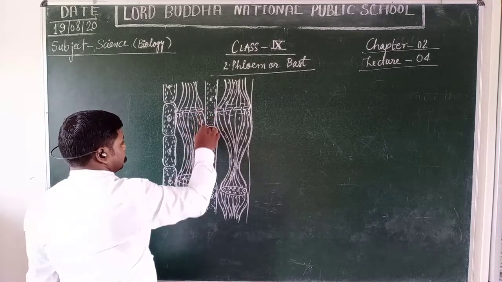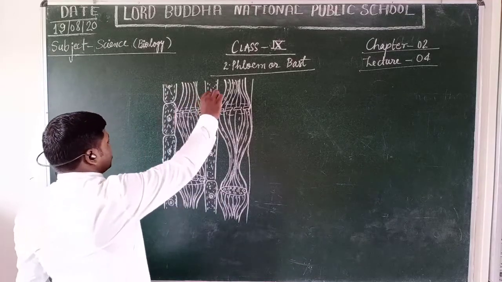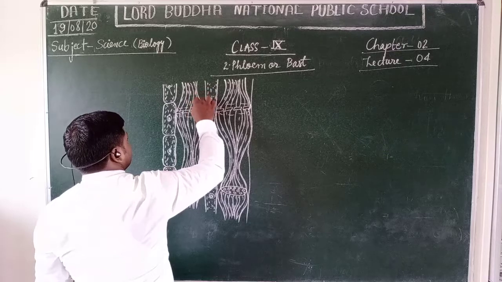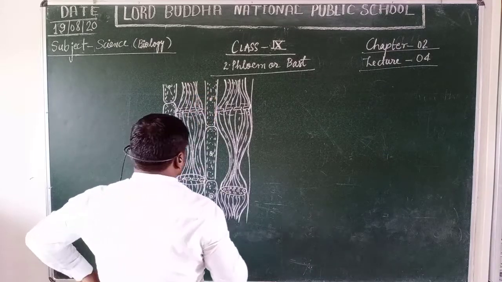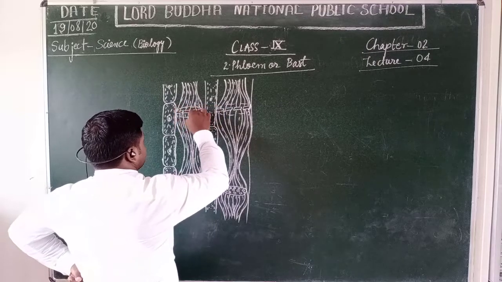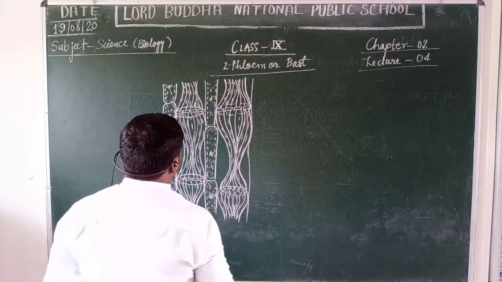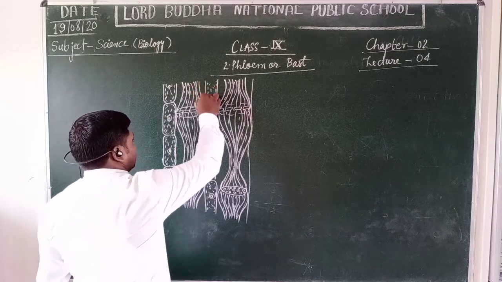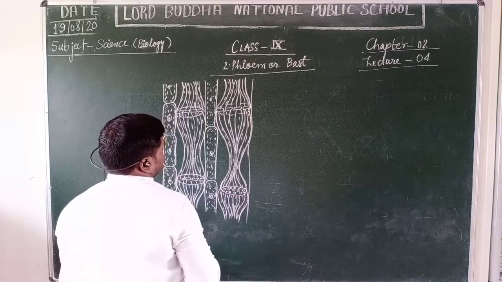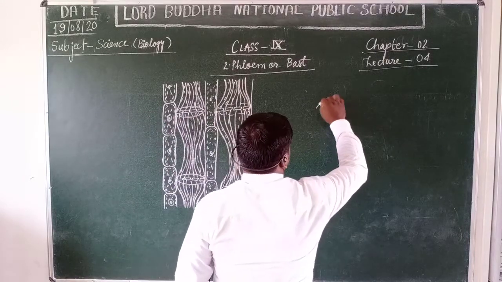During the winter season, the sieve plates become mucilaginous due to absorbing a large amount of food substances and water, because during the winter there is no sunlight for a longer time, so the stored food materials are utilized to perform various kinds of metabolic activities inside the cells.